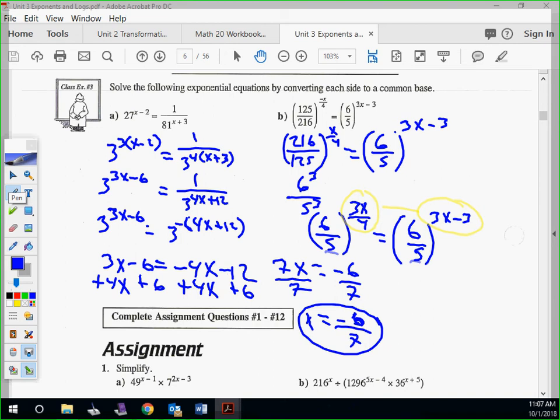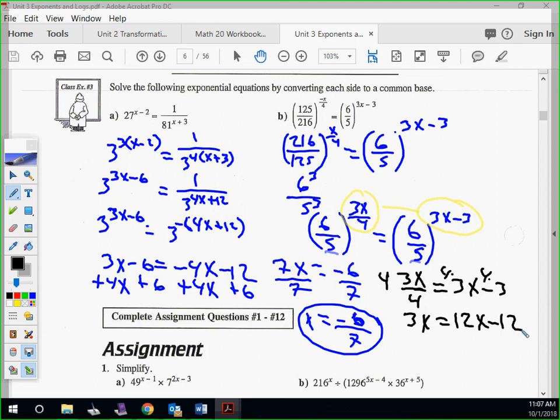All right, let's go back here. So first thing I'm going to do is multiply by the 4 there to get rid of the fraction. And that hits both there. So 3x equals 12x minus 12, and now we'll just solve.